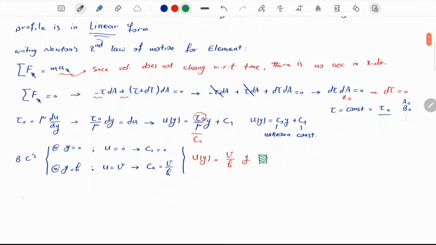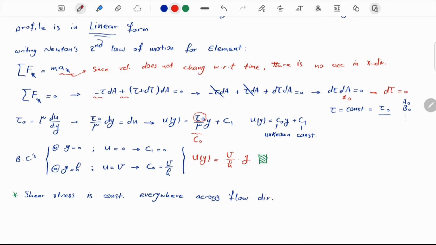Also, there is a point we should consider in this problem, and it's that shear stress is constant everywhere across flow direction.